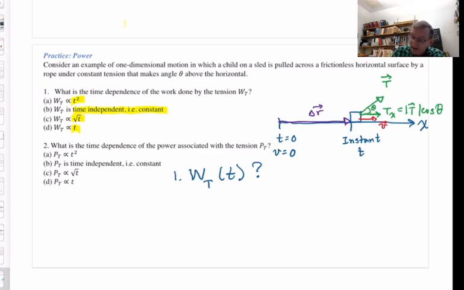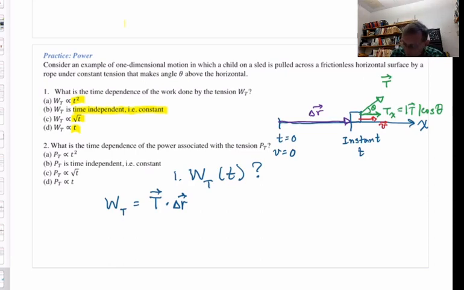Since the force is constant, the tension, to calculate the work, don't have to do any pesky integrals. To calculate work done by a constant force, your starting point should be force dot displacement. And don't just say times, say dot. Because dot means dot product, scalar product, and will signal to your brain, hopefully, that you have to do all the formalities of the dot product correctly.